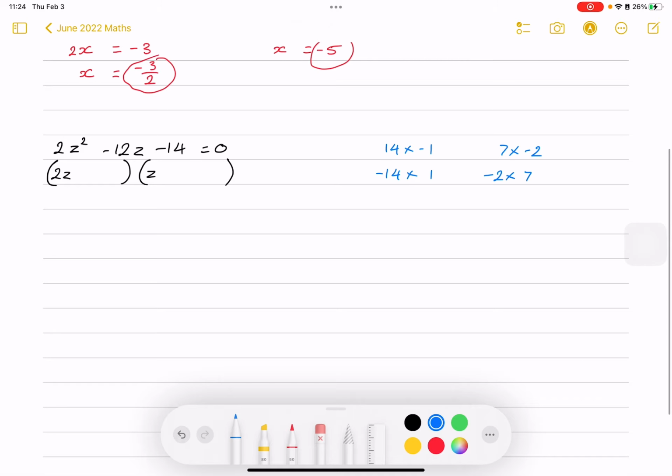Okay, so we'll just have to plug them in, right? Because we have a 2 there. So it already looks like we could get this in one shot, right?